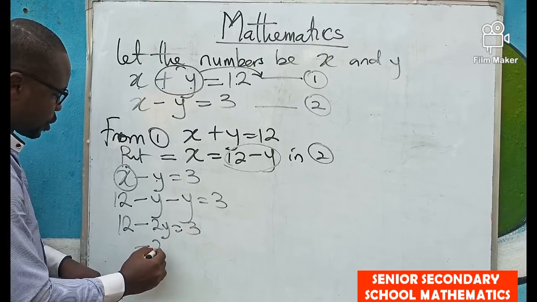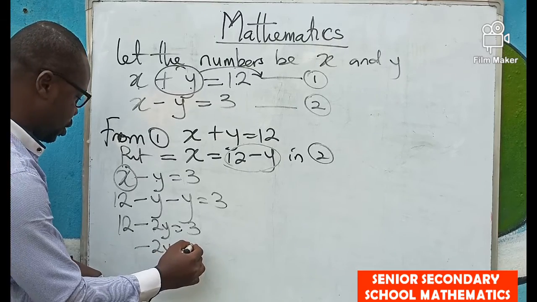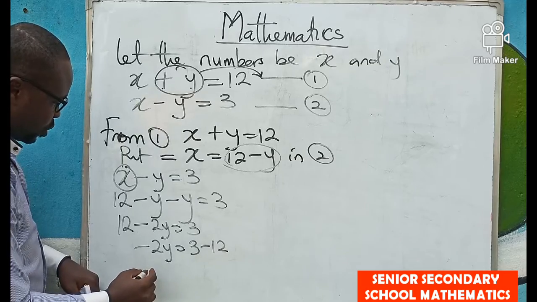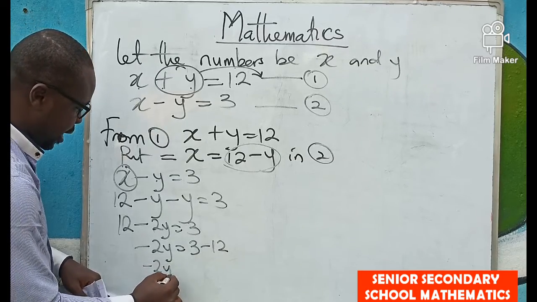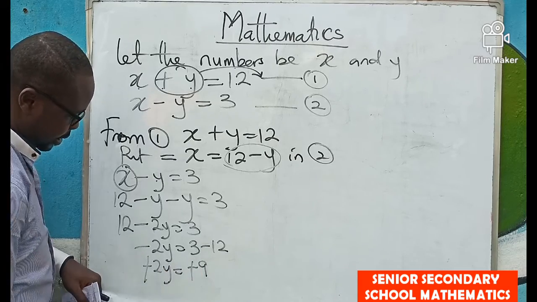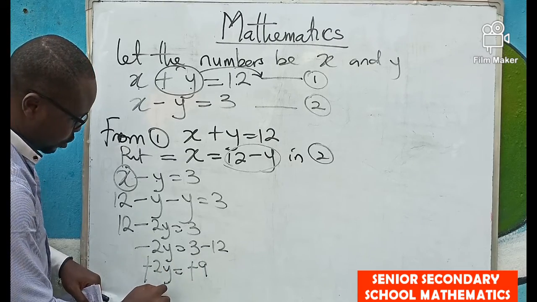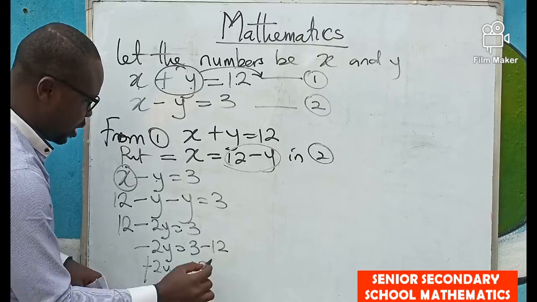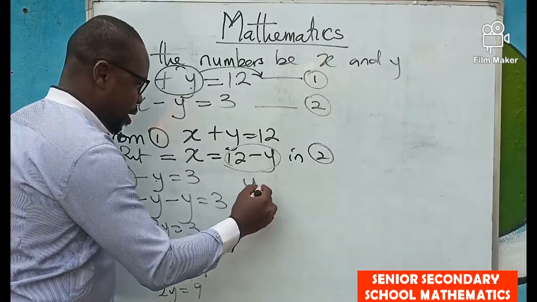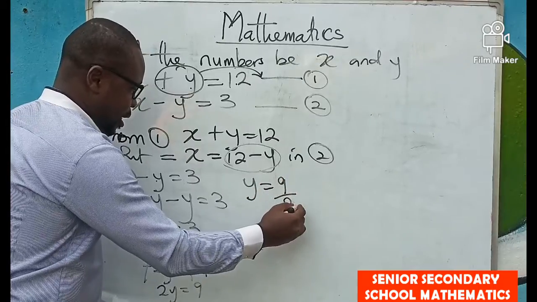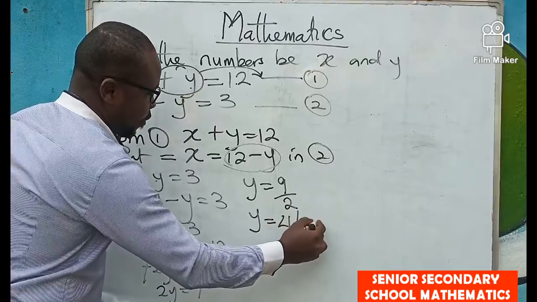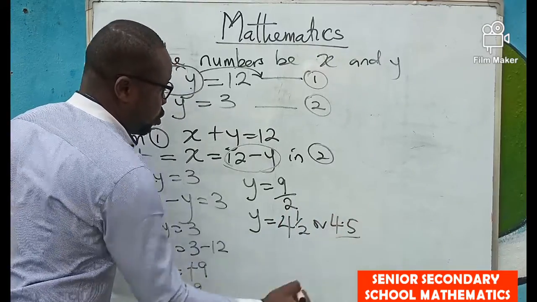So minus 2y is equal to 3 minus 12, that is minus 2y is equal to minus 9. The minus signs cancel, so I have 2y is equal to 9. If 2y is 9, then y will be 9 divided by 2, which is y is equal to 4.5.